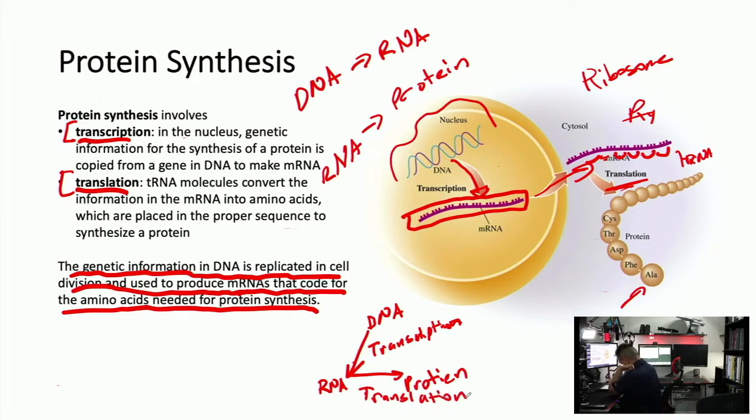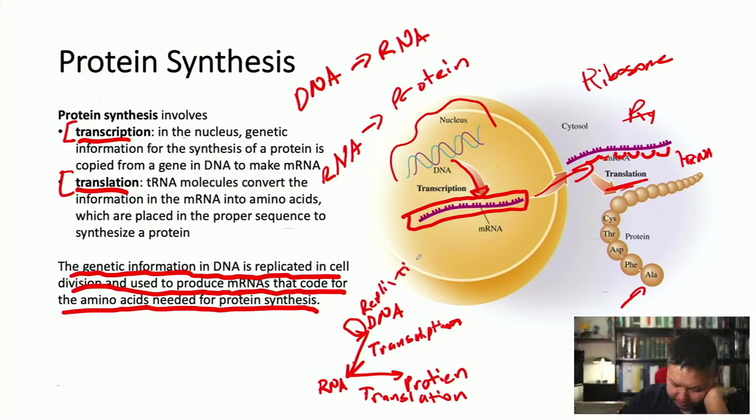Okay. And then DNA can make more DNA through replication. Replication. Okay? And that's the central dogma.